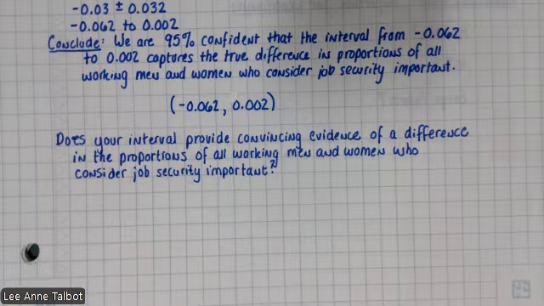Okay, let me say that again. The negative side of the interval means that sometimes women care more than men about job security. The positive side of the interval, which is smaller, but it's a little bit, are all of the times when men care more than women about job security. Does that make sense? So this has both signs in it.